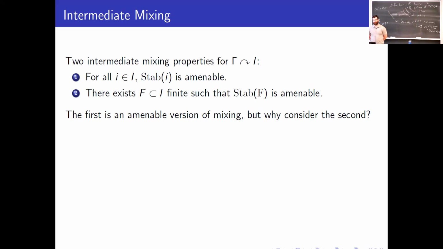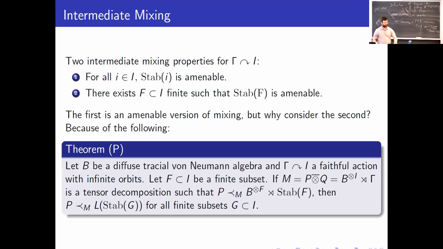And I want you to keep in mind that these actions are not transitive or anything, right? So this could be just like a giant one billion element set sitting in only one orbit. So this is kind of a funky condition. But I have a justification for why we would care. And I apologize because some of the notation I haven't introduced yet, so this is slightly out of order. But the justification is basically this.